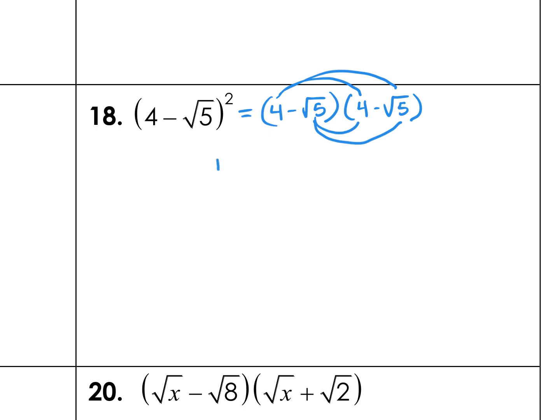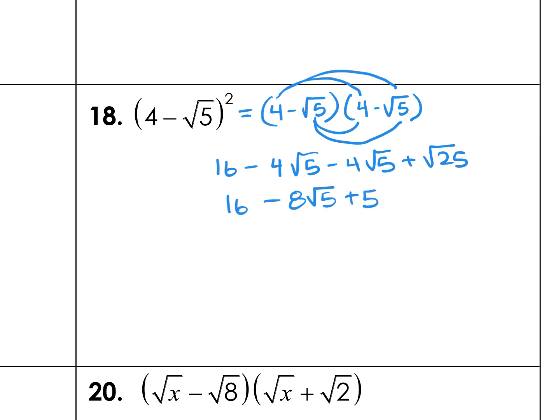So we have 4 times 4, which is 16, times minus 4 root 5, minus another 4 root 5, plus the square root of 25. So that is 16 minus 8 square root 5 plus 5, which is 21 minus 8 square root 5.